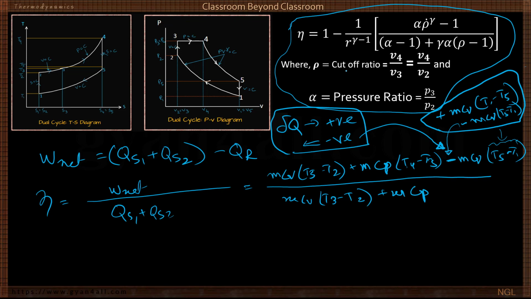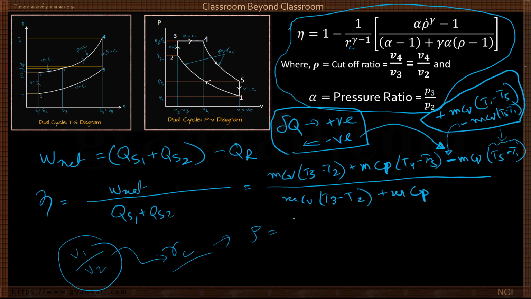What will be given? You will be given rc, the compression ratio. You will not get the value directly. rc is V1 divided by V2 in this problem. So if V1 and V2 are given, you can find out rc. Similarly, another ratio is rho.